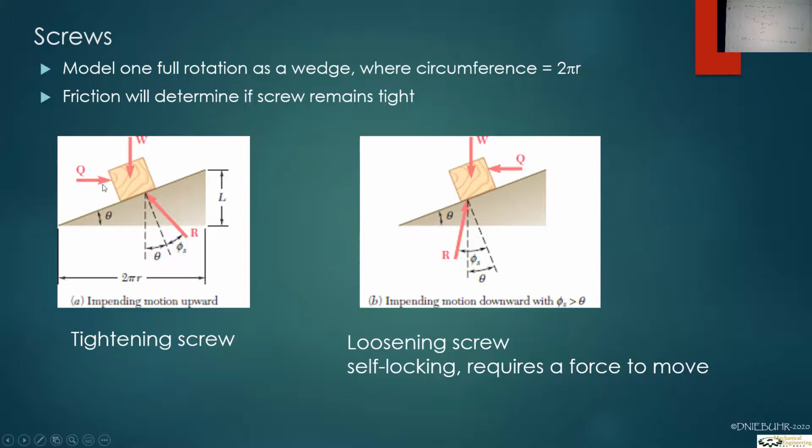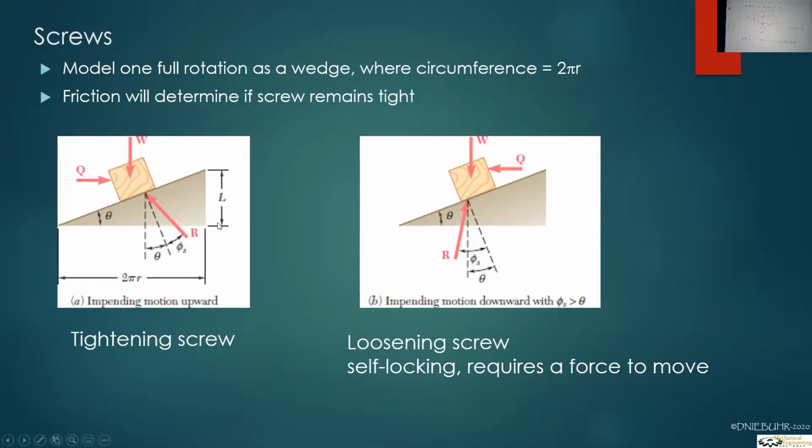If you're trying to turn a screw with a wrench, the Q value is the force that you're applying to the nut to make it screw onto the bolt. The W force is the force that is applied as you compress the nut to the screw. I think I said that correctly.